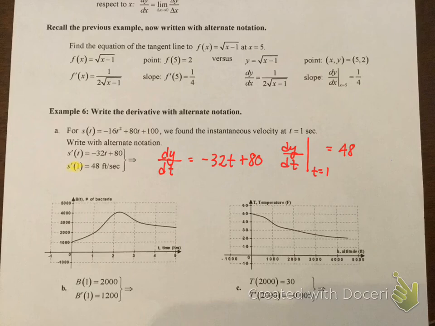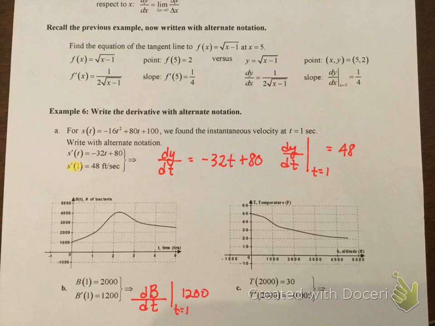So the function b evaluated at 1 equals 2,000, and the derivative or the slope at that function at 1 equals 1,200. So if we're going to write up the slope, I'm going to write it up as b, the derivative of b with respect to t, because see that axis is t, evaluated when t equals 1 is 1,200.